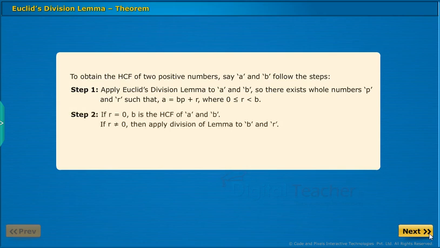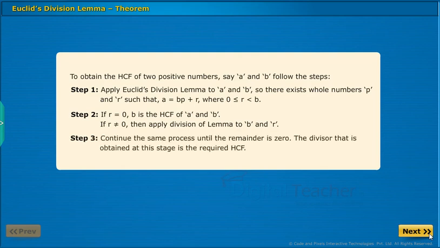Step 2: If r is equal to 0, b is the HCF of a and b. If r is not equal to 0, then apply the division lemma to b and r. Step 3: Continue the same process until the remainder is 0. The divisor that is obtained at this stage is the required HCF.